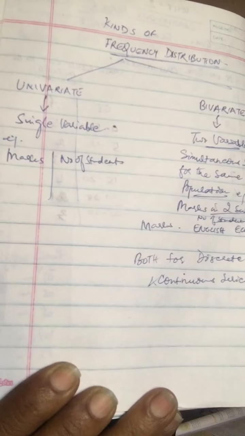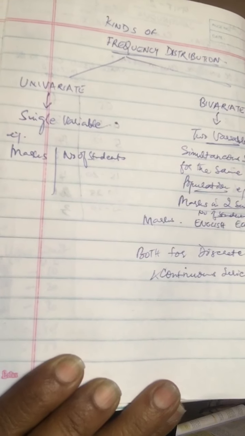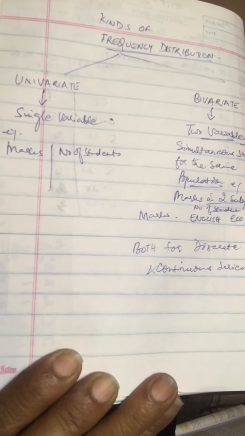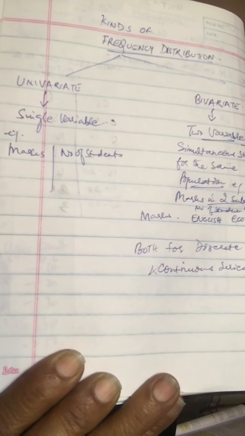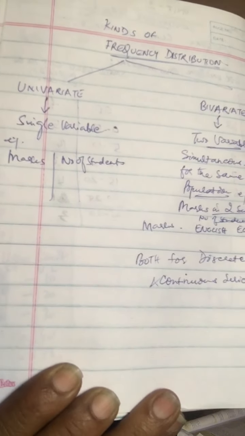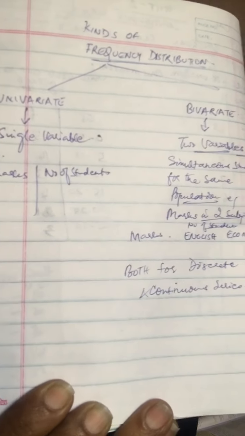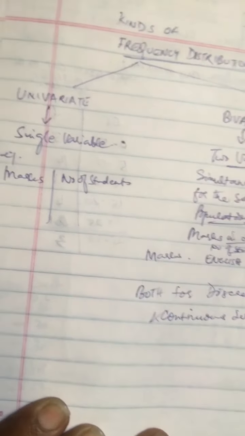Now we have what is known as bivariate. What is bi? More than one. Basically it is two. So generally we are interested in simultaneous study of two variables of the same characteristics or the same population.